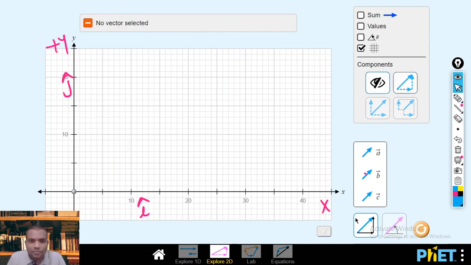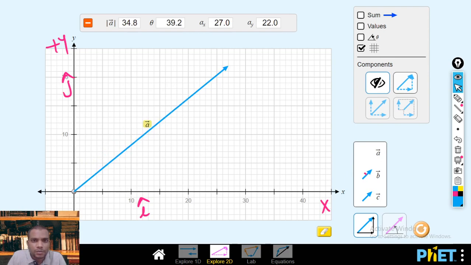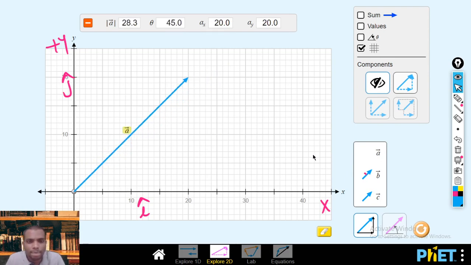Now let's try something else. Suppose I take a vector, let me take one randomly. Let me increase this. Now to this vector I add another vector. Now let me take the sum.